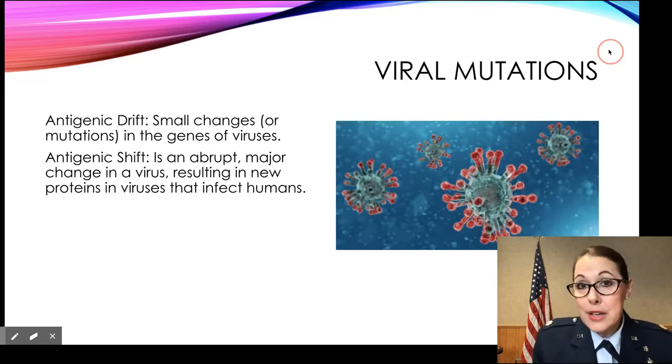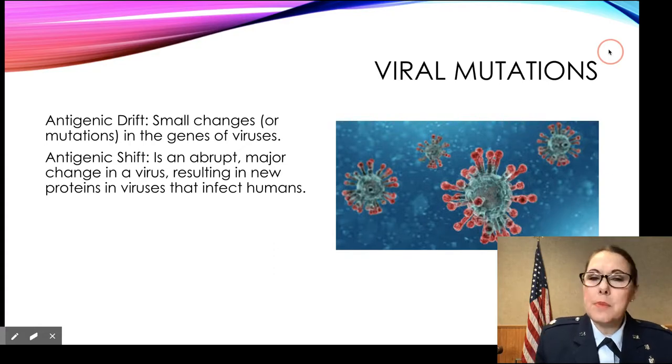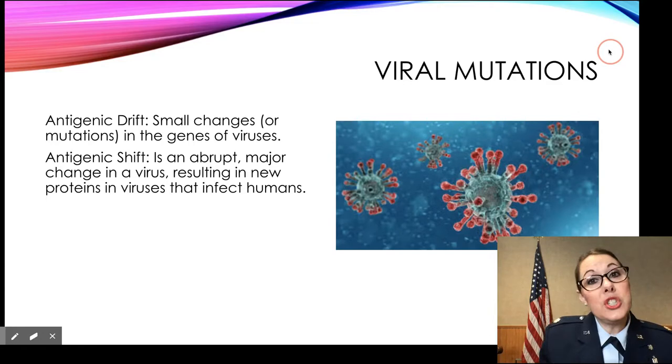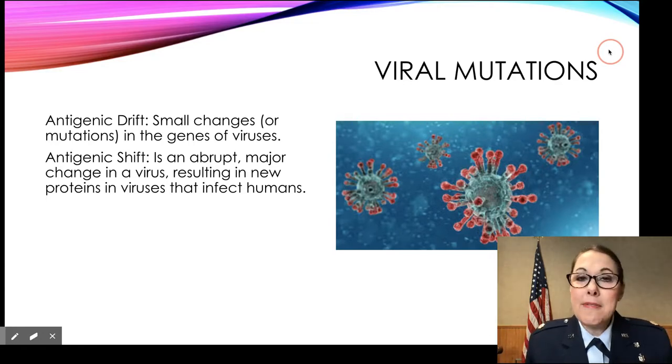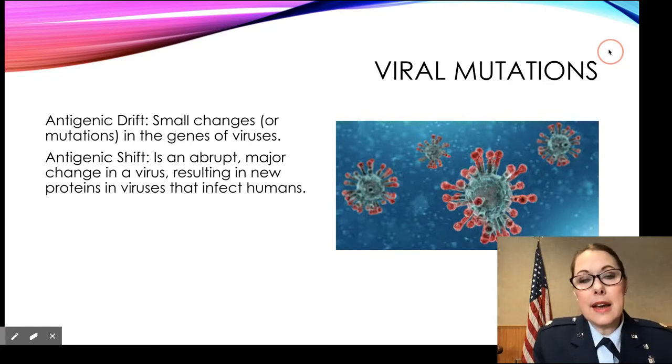That's what happened with the novel coronavirus. This virus had previously only infected animals and somehow jumped or shifted and is now infecting humans. And so that was a shift that was very serious and changed drastically the dynamics of this virus.